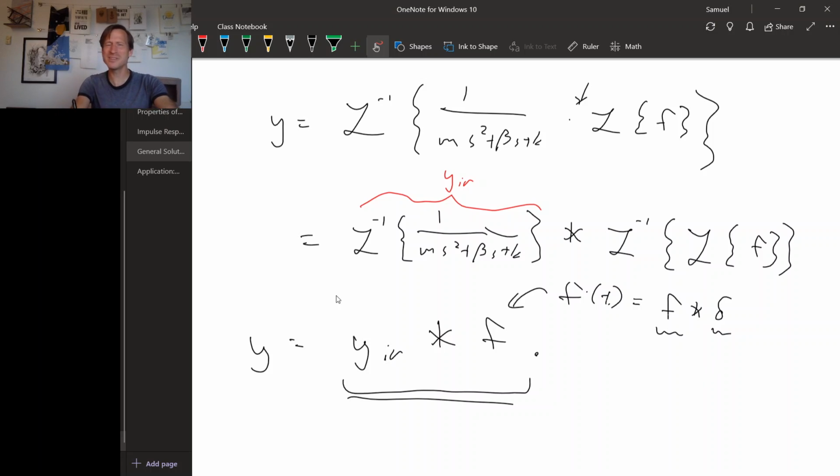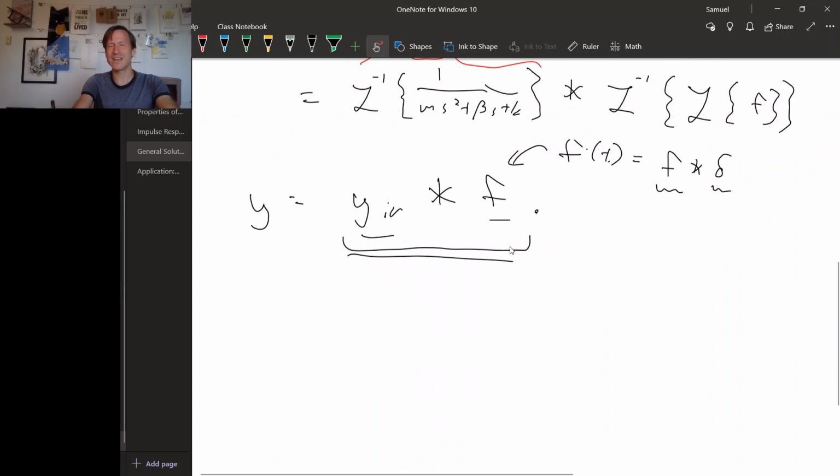All right, so there's this really nice expression for a solution for arbitrary forcing. It's just the impulse response convolved with the forcing. This is kind of a surprise. The convolution is commutative, so I can turn this around if I want. It's a nice exercise to plug this back into the original differential equation and see that it actually works.